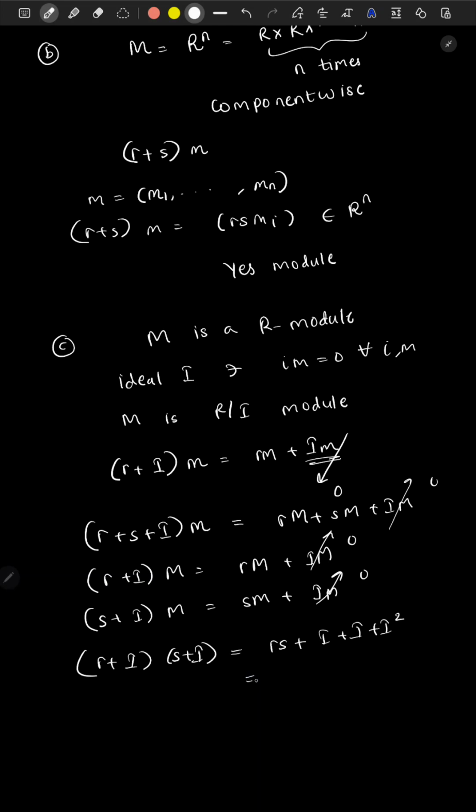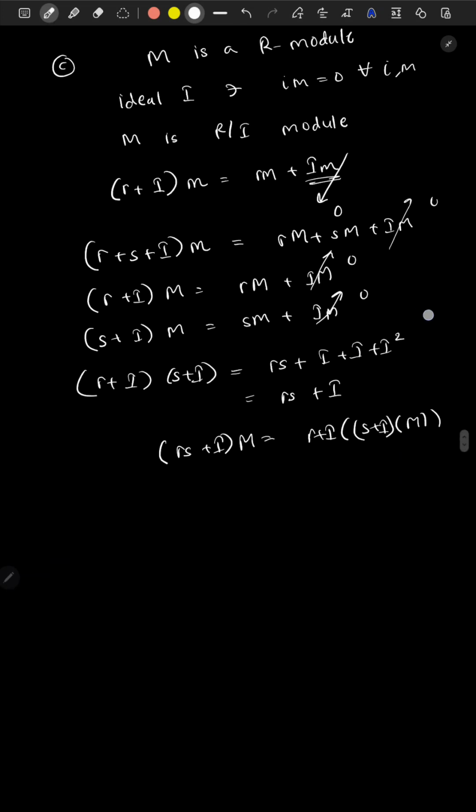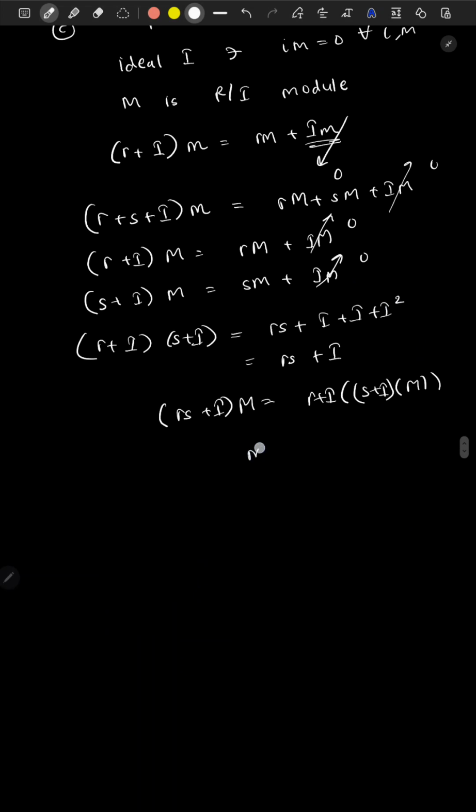So this is actually rs plus I, because I squared is contained in I, so this is fine. So again the property holds true for (r + I)(s + I). The I part will go away, and similarly all these properties hold. So this is also a module.